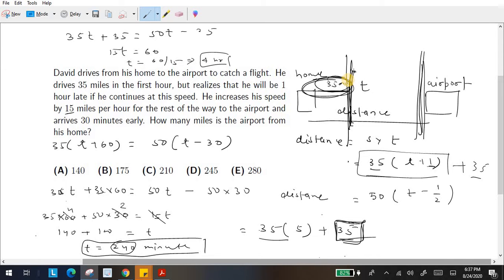So if he... 300 in total, it's five. No, wait. 1 hour late, 360, 6 hours, and then 6 times 35 would be 210. Okay, got it? Yes.